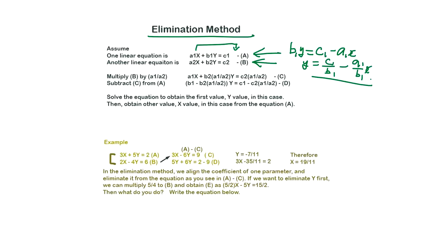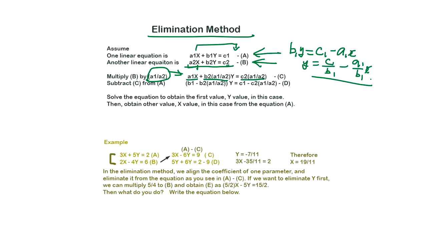But with the elimination method, you don't do this. What you do is you multiply equation B by a1 over a2. So what happens is, you look at the coefficients. The coefficient a2 becomes a1, and b2 becomes this, and c2 becomes this.